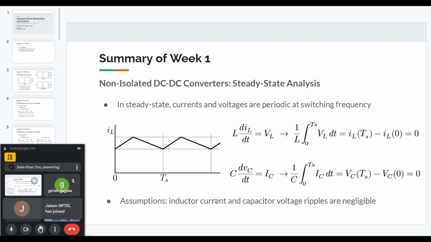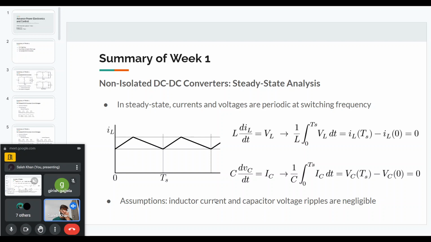So now let's talk about steady state analysis. What we want to do, in its most basic form, is find out what our output voltage will be as a function of the duty ratio, and what the average inductor current will be as a function of the duty ratio.